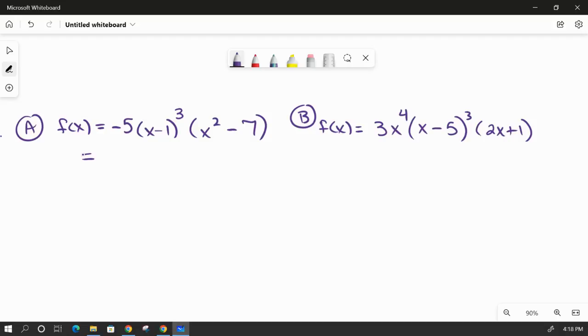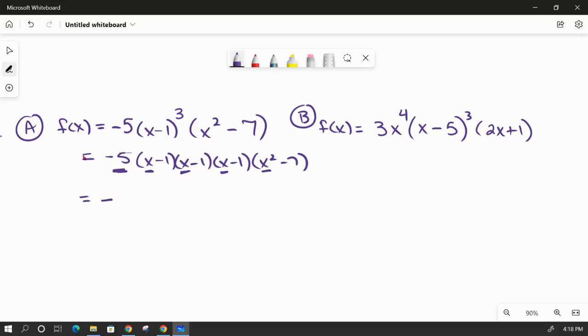So basically, you've got your -5 that's in front, your x minus 1 to the third power, which basically means you have 3 x minus 1s, and then this x squared minus 7. If there's a monomial out front, take that monomial, the first term in each of these factors, and multiply that together.